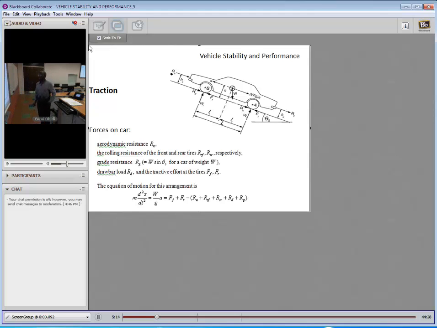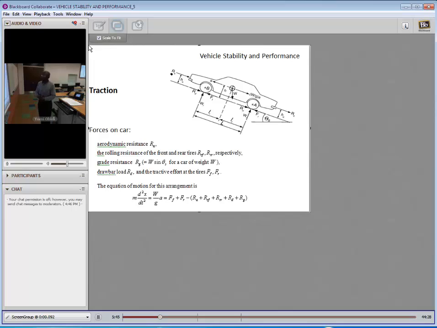The rolling resistance of the front and rear tires, so R sub F and R sub R. This is R sub F, the rolling resistance, because the tire is going this way. That's the rolling resistance in the front. The same thing by the same motion, that's the rolling resistance in the back. So we have our R sub A and R sub F.